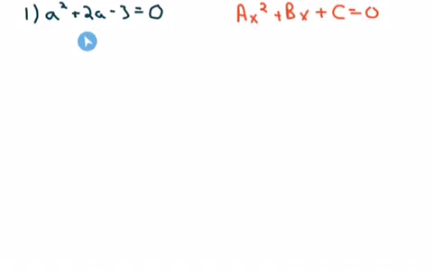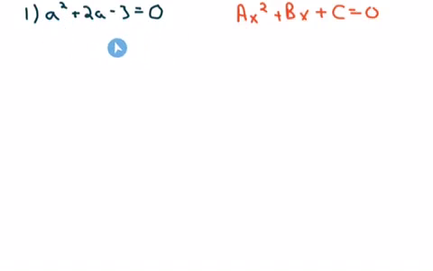It's all the terms that have a variable. In this case, our variable's a. This term has an a, so that's considered a variable term. This has an a, so that's also a variable term. And this is a constant. It does not have a variable, so I need to put this one on the right-hand side. The variable terms I want to be on the left-hand side.